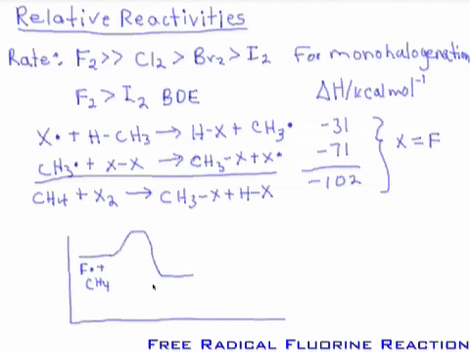And remember, this is the product, HF plus CH3 dot. And then the CH3 dot can attack F2, and when it does so, goes through another energy of activation, and there's a big drop in energy, and we get CH3F plus F dot.